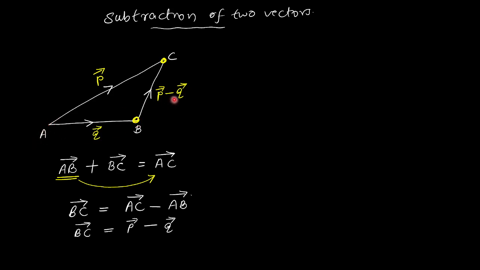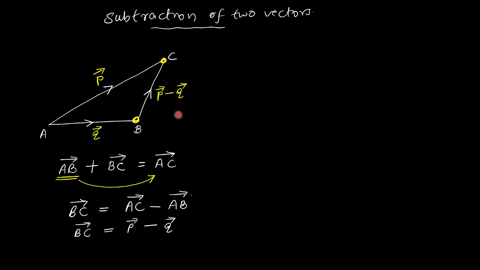Just understand, there is nothing to worry. So P minus Q is given by P, the vector ending at the final point, minus Q, the vector ending at the initial point.